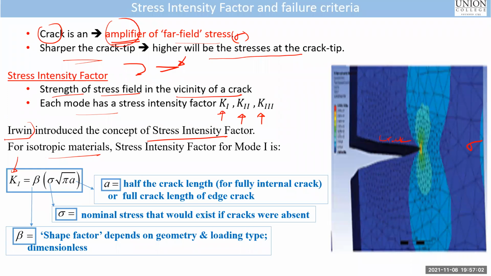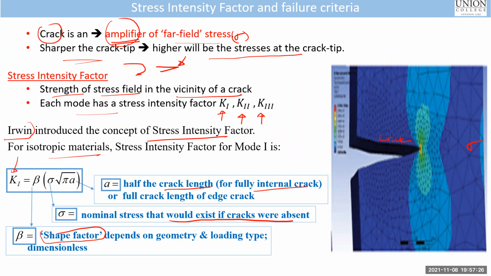So sigma is the nominal stress that would exist if cracks were absent or far away from the crack. The sigma is getting multiplied with the square root of pi a and beta, where a is half the crack length for a fully internal crack, and beta is called the shape factor.